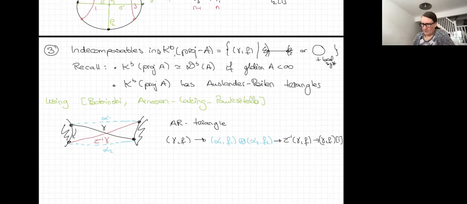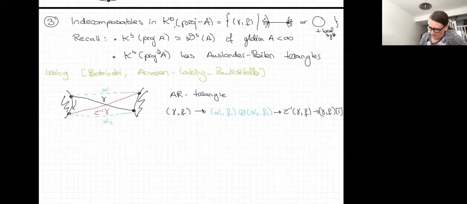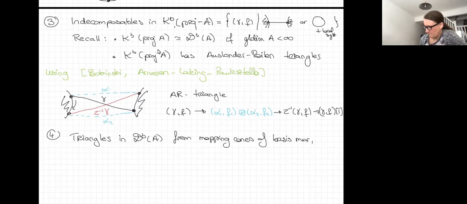Okay, this can be generalized by using two mapping cones. So in general, between indecomposables, this is triangles in the bounded derived category from mapping cones of basis morphisms in number 2 above.